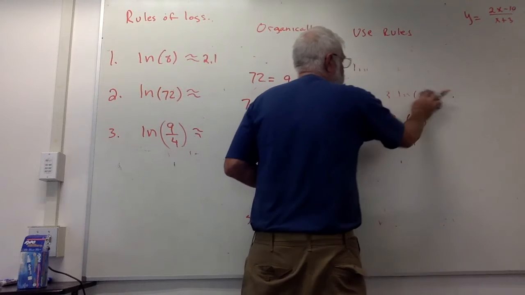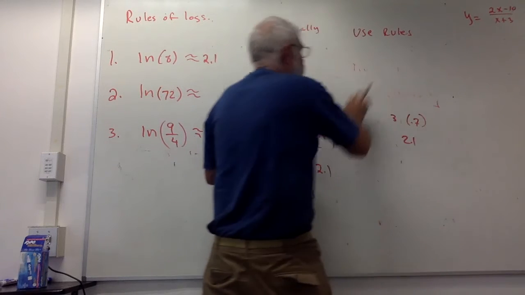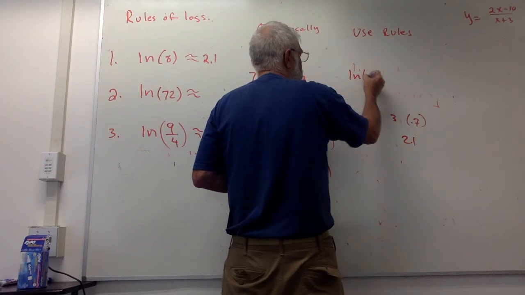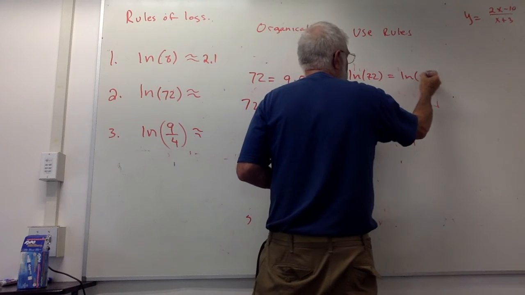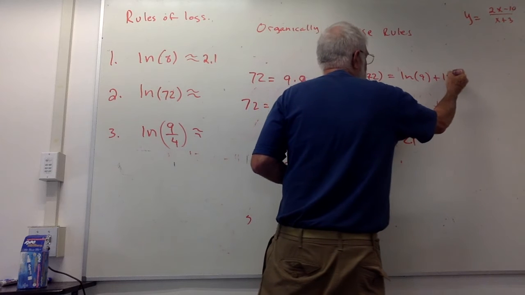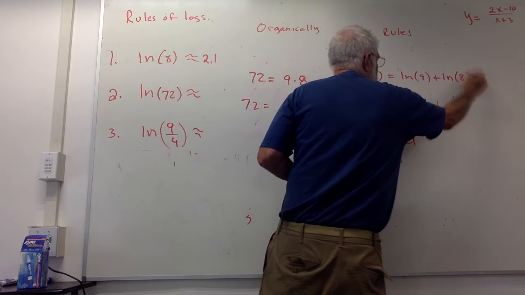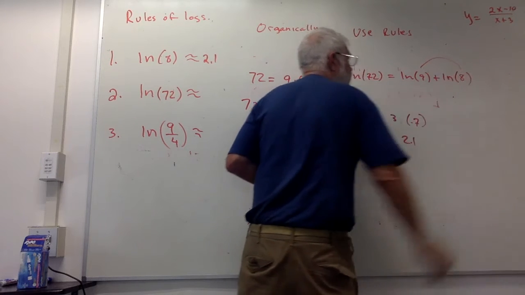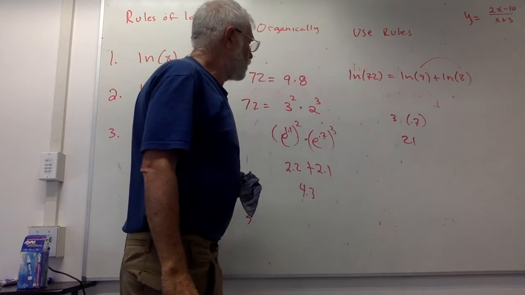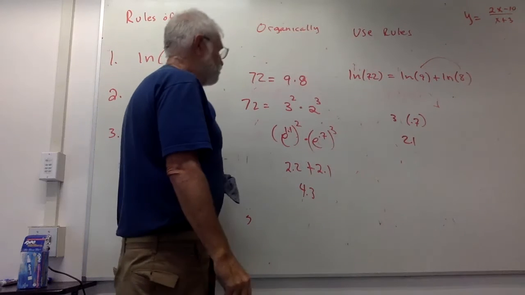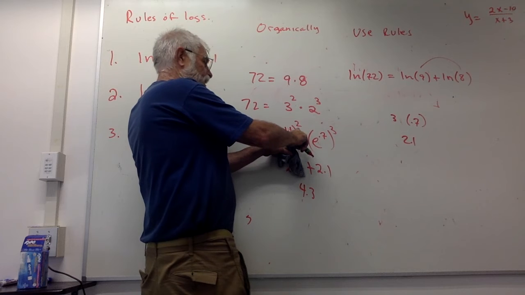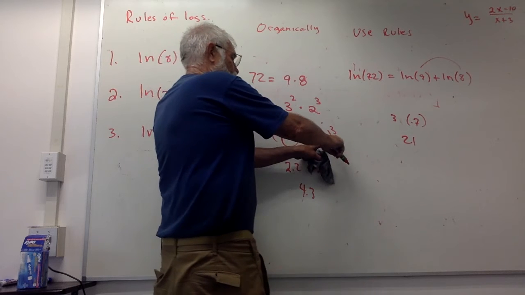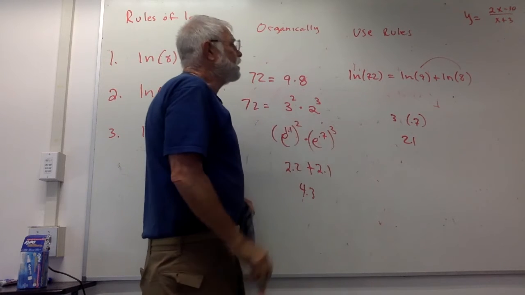The rules of logs state that the ln of 72 could have come from saying the ln of 9 plus the ln of 8. I hope you can see that 9 times 8 is 72, right? And that's where I did the ln of 9, the exponent to get a 9, and that's the exponent, the activity to get an 8.